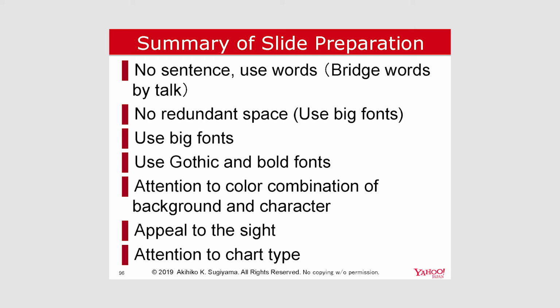Pay attention to the color combination so that they will appear in a better way. And let's appeal to the sight instead of putting equations or things like that. Just try to use an illustration. And then finally, I also have shown that you should pay attention to the chart type, line chart, pie chart, bar chart, things like that.